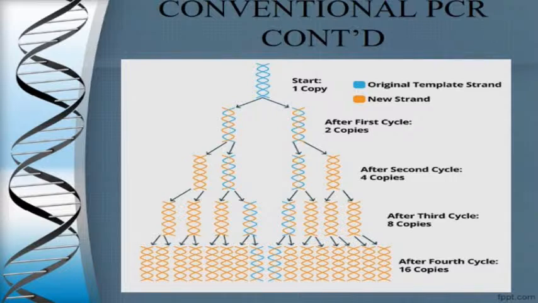And size. The PCR products are an aggregation of numerous but identical DNA fragments of the same base pair length of the target gene. The detection and analysis of the product is carried out by what? Agarose gel electrophoresis.